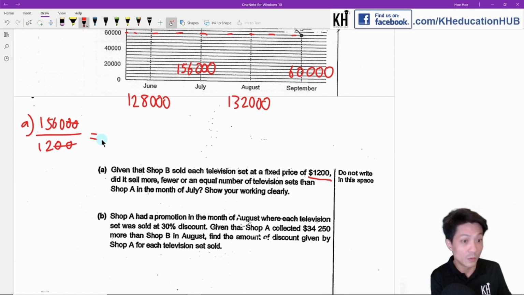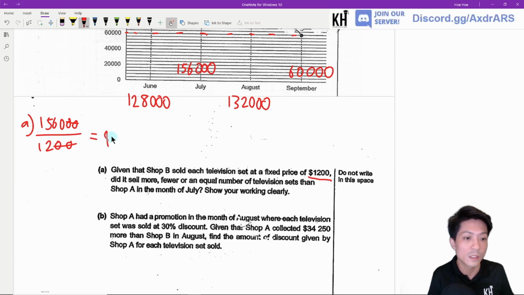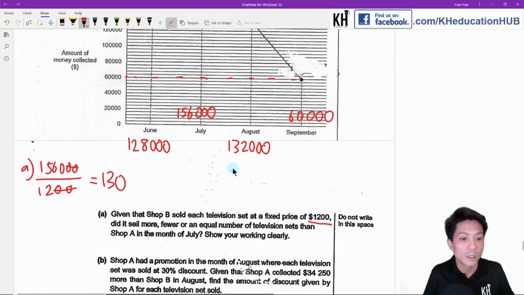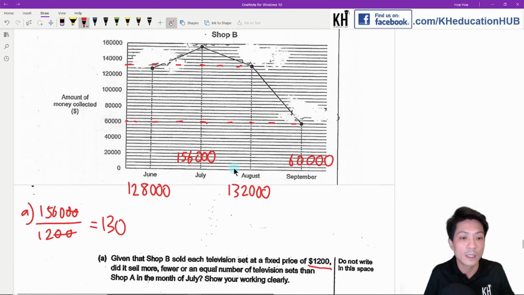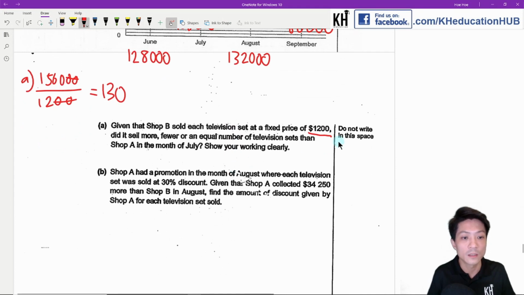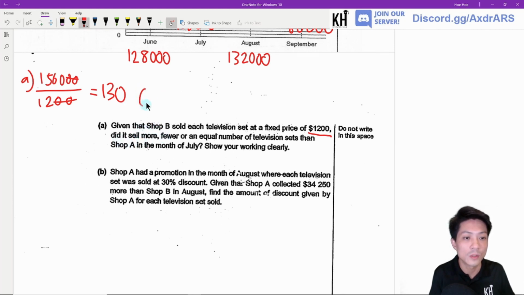Okay, 156,000 divided by 12 is 130. Okay, so in shop A, they sold 90, which means that, okay, did it sell more? So this is more.